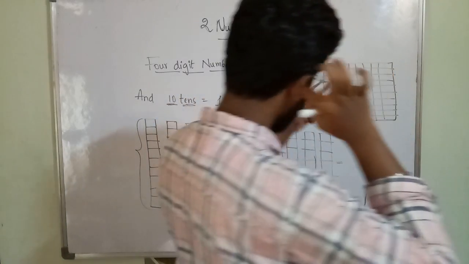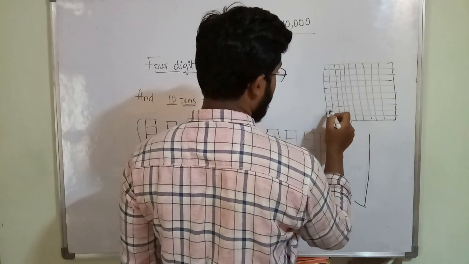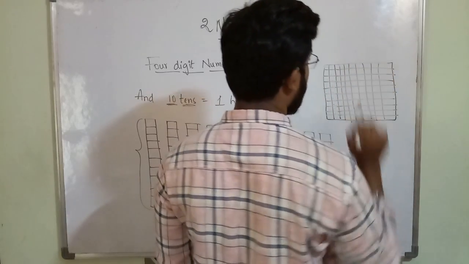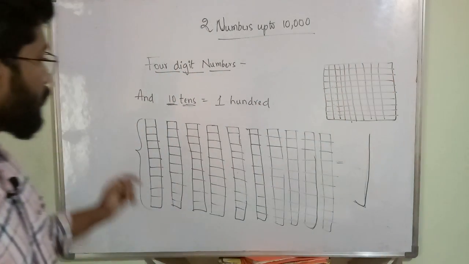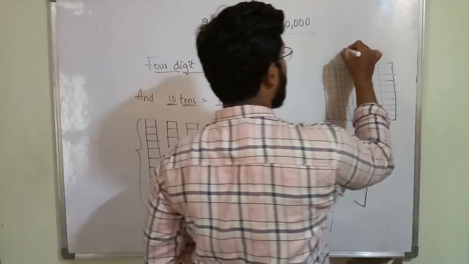So 10 rows, 10 columns. 1 2 3 4 5 6 7 8 9 10. If you combine all this, you will get this one. So this is the 100.